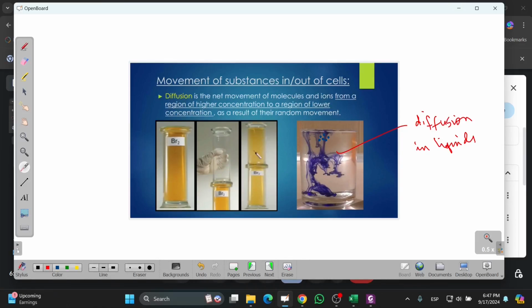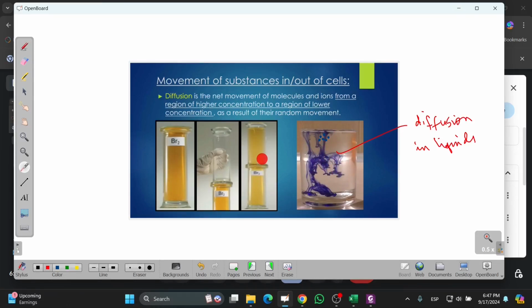And that will eventually make the concentration even. Actually, that is the purpose of diffusion, to even the concentration. Particles will scatter and scatter and scatter around until the concentration is the same all over.